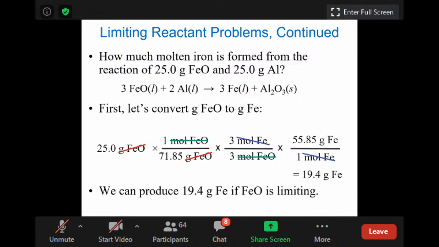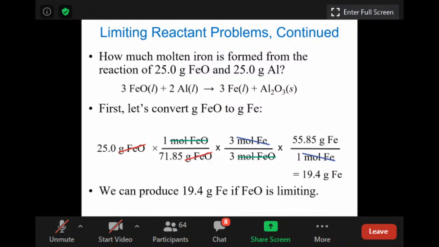We're going to find out. So now students say 25.0, the thing is equal. No. Be careful, be careful, be careful. The first thing is we need to start with the first reactant. Let's convert gram FeO to what?